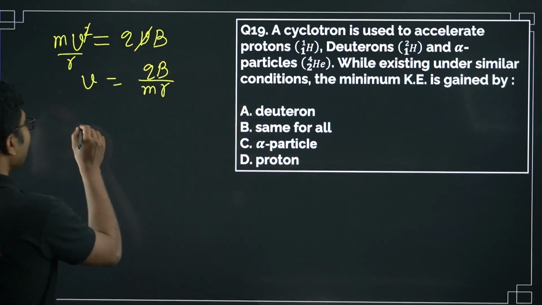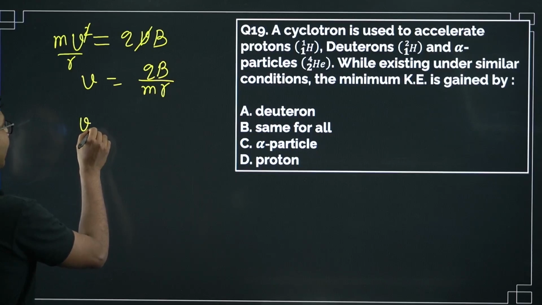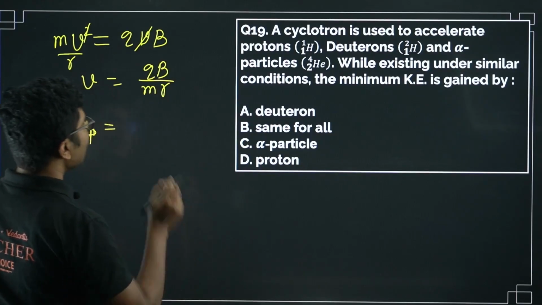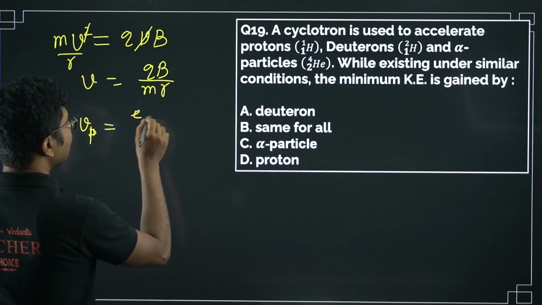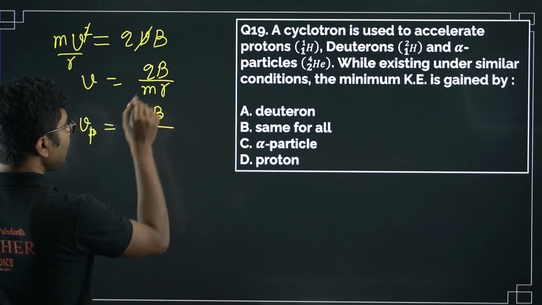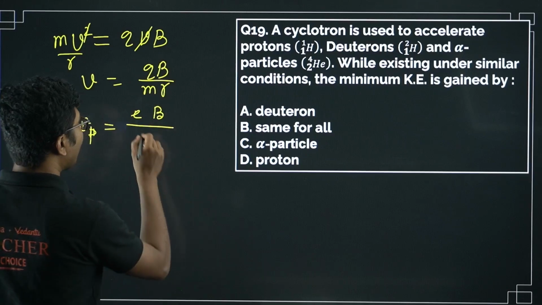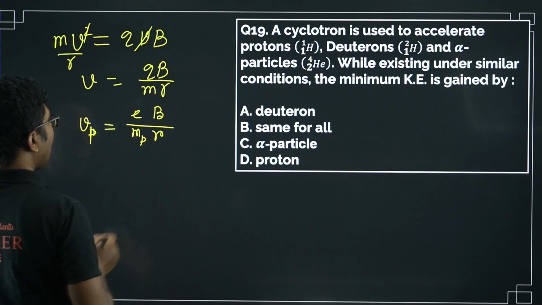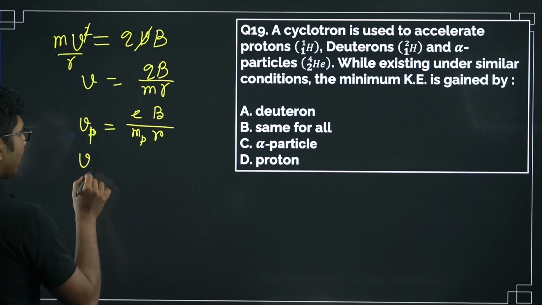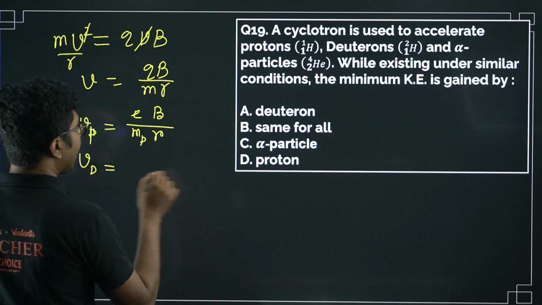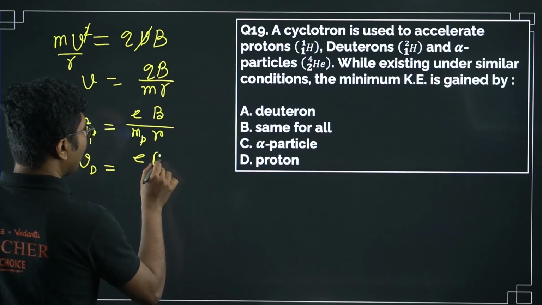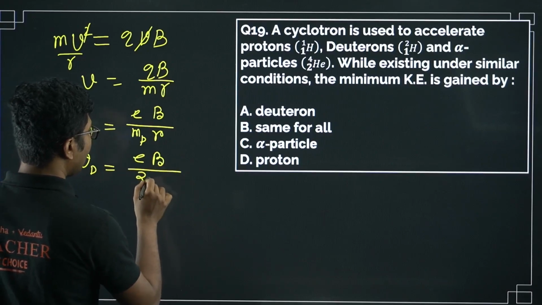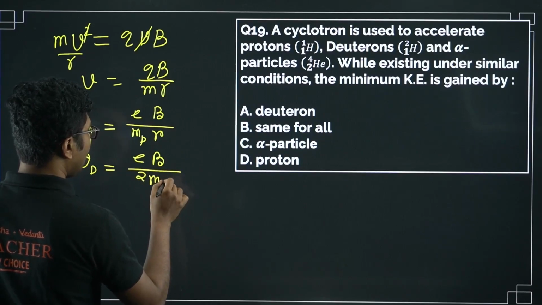So let us find the velocity for proton, that is 1H1. So 1H1 means charge is 1 electron charge and mass is 1 only, into r. What is the mass of the deuteron? Deuteron has only 1 electron charge, but it has double the mass, into r.